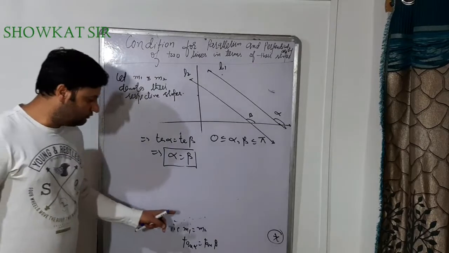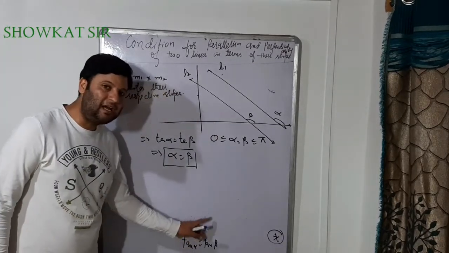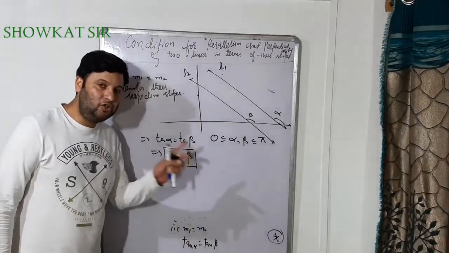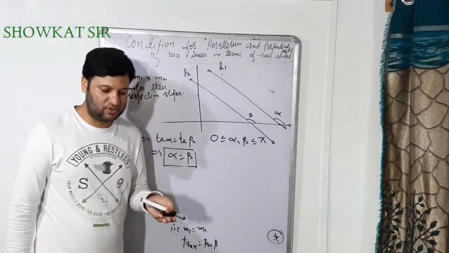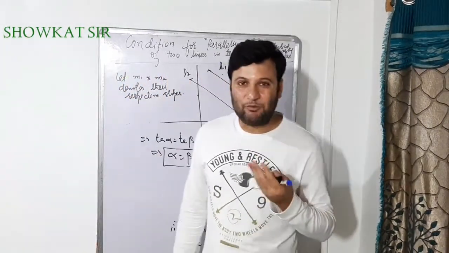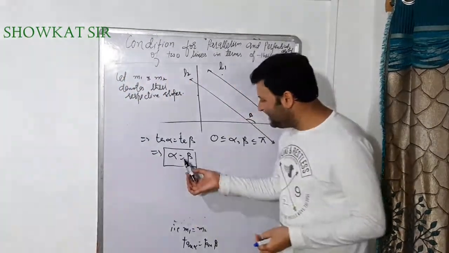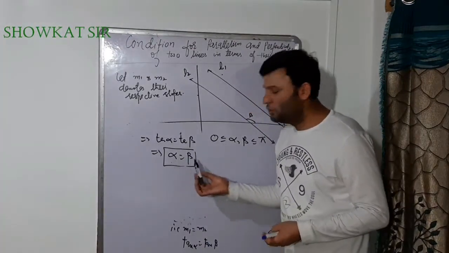So when two lines have equal slopes, we see that their inclination is also same.